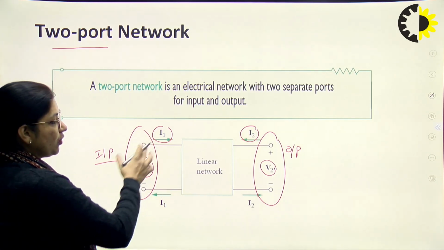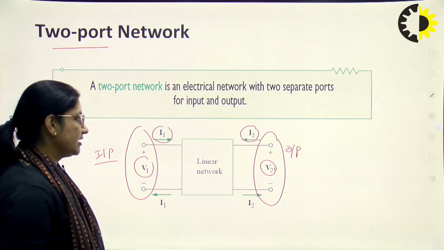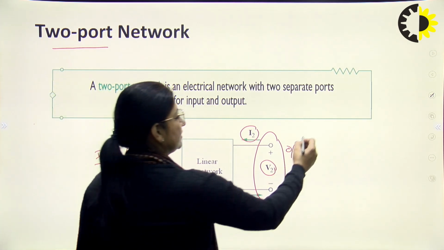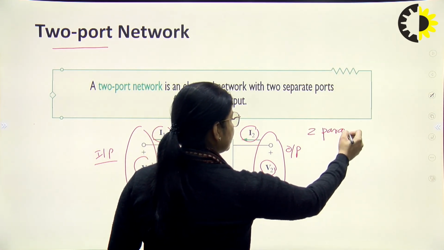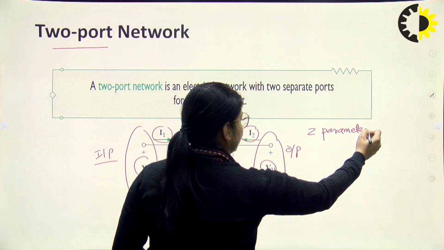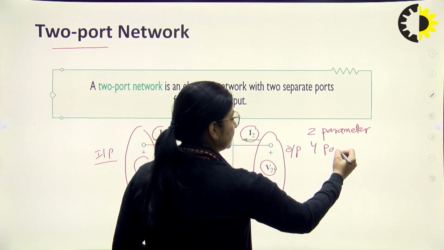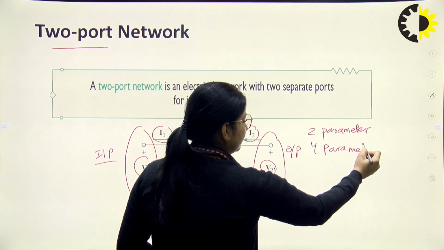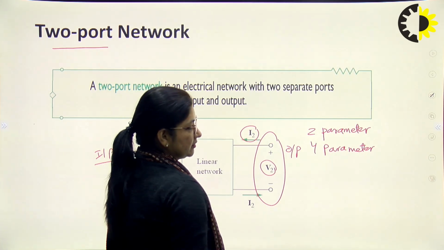So this whole network can be characterized by various parameters. Z parameters can be one of the parameters which can define this linear network. The second one is Y parameters. Z parameters are impedance parameters. Y parameters are admittance parameters.